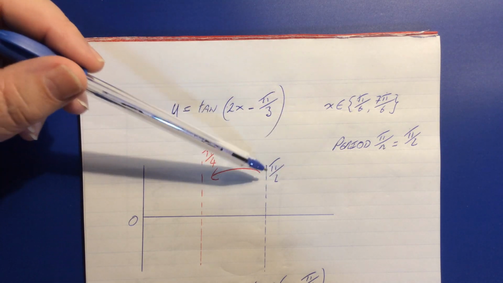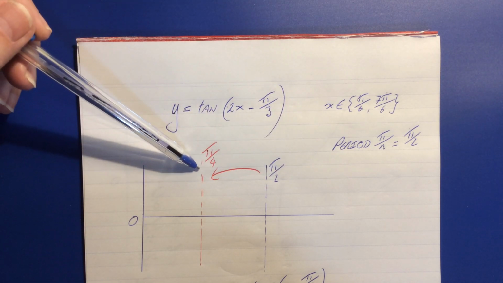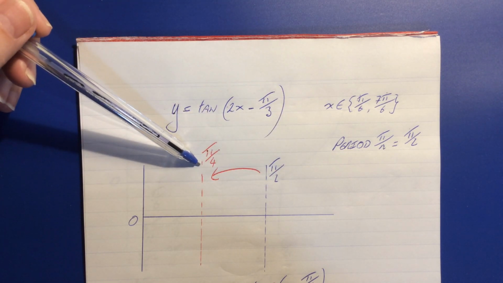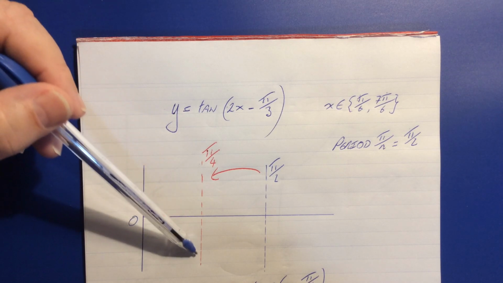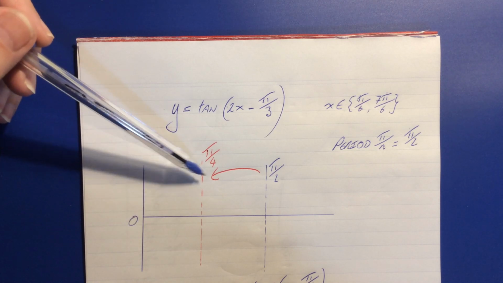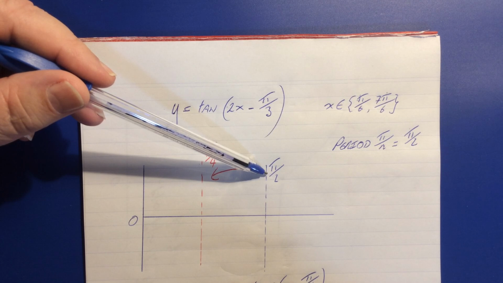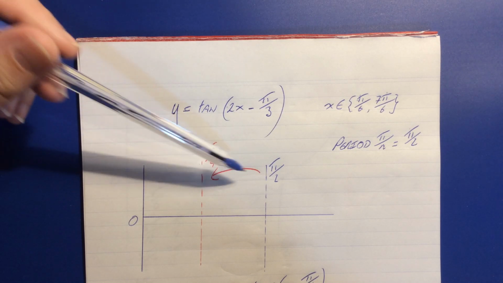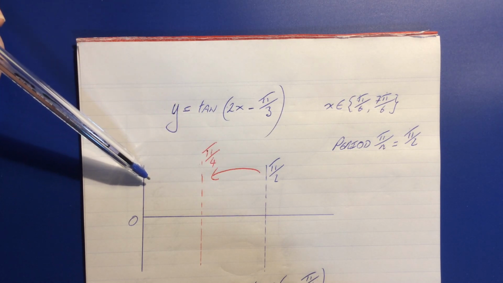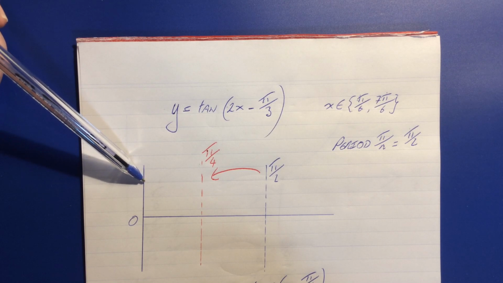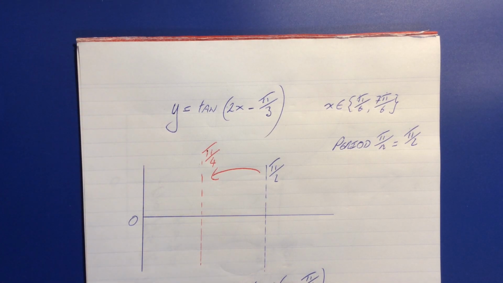If we have the period, that means that the asymptote moves to pi on 4. And so this is our first move, a dilation away from the y-axis of 1/2. That's the language of this.